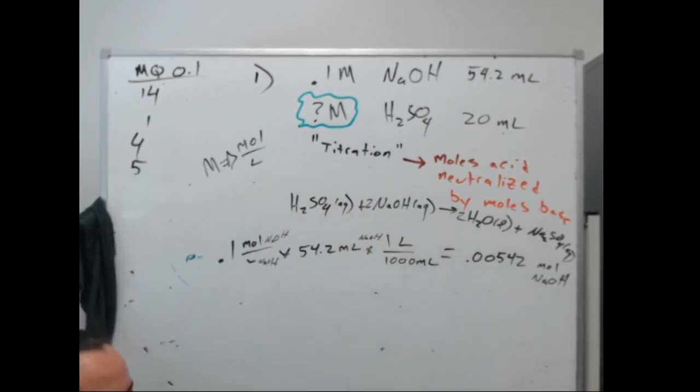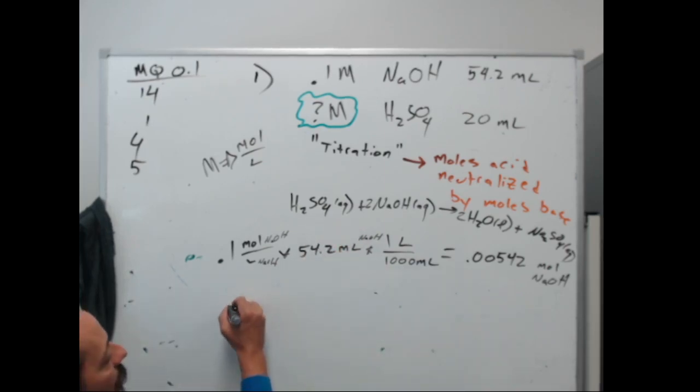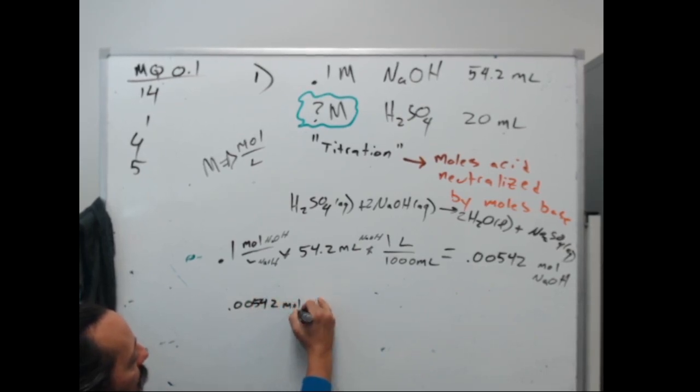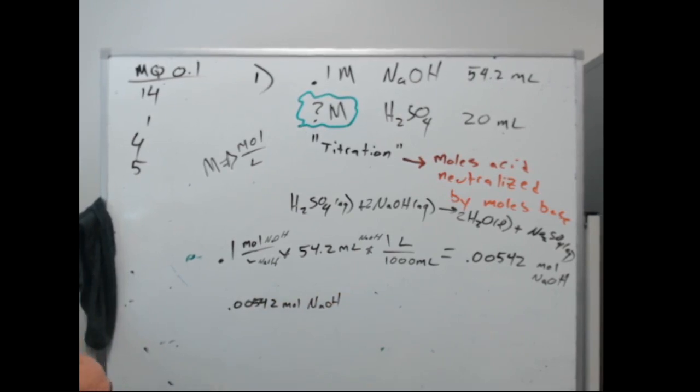So that's how many moles of sodium hydroxide I have, 0.0054 moles. I know from my chemical reaction that I want my moles to be equal to each other.